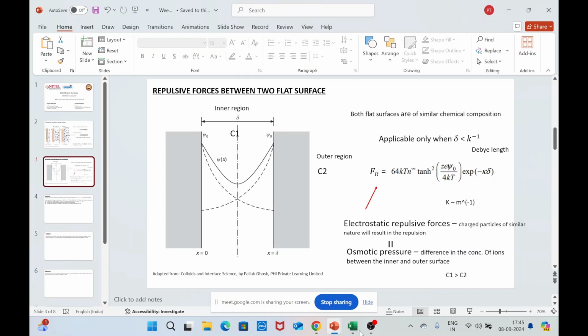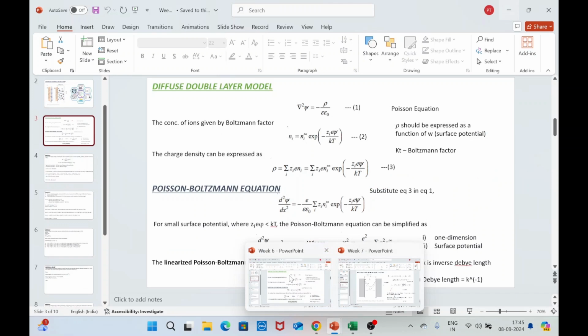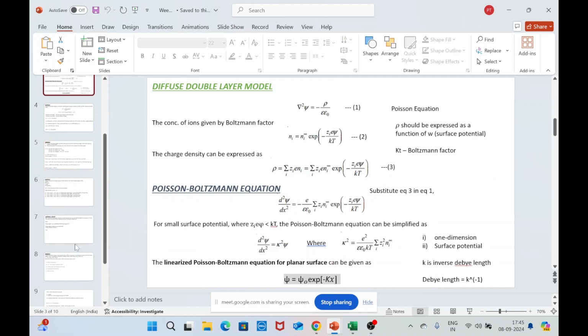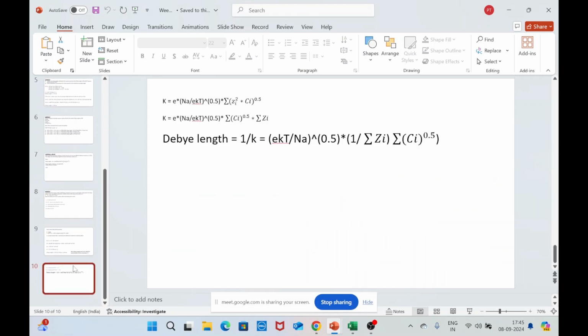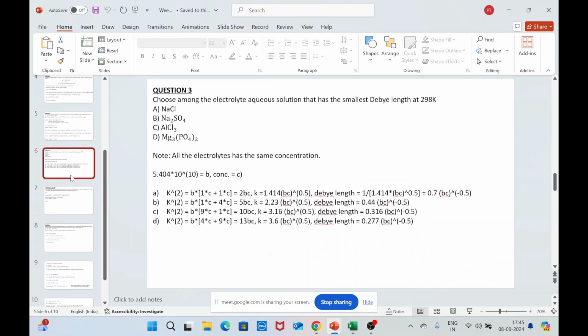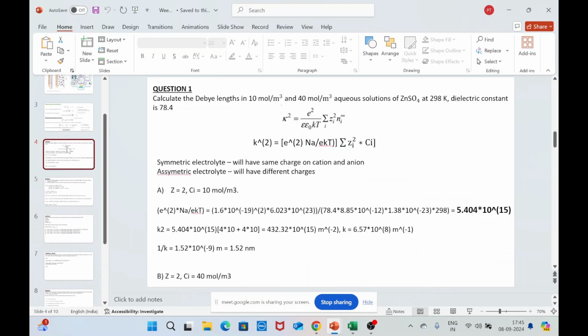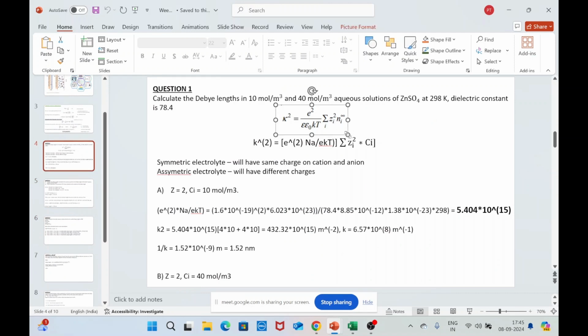If you remember, we discussed that kappa square is equal to e square by epsilon naught k T times sigma z i square n i infinity. So we discussed it and we solved problems also. So what is N infinity?